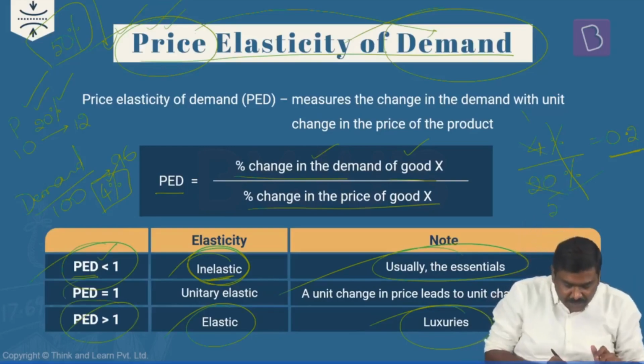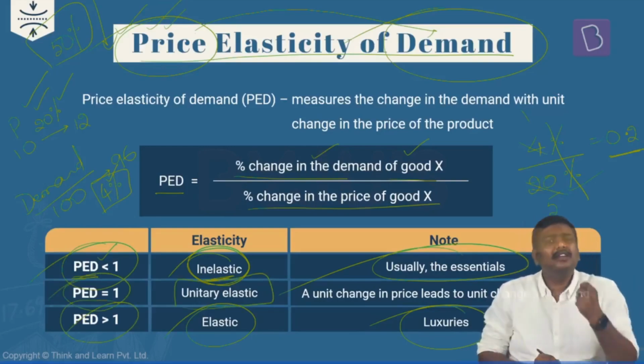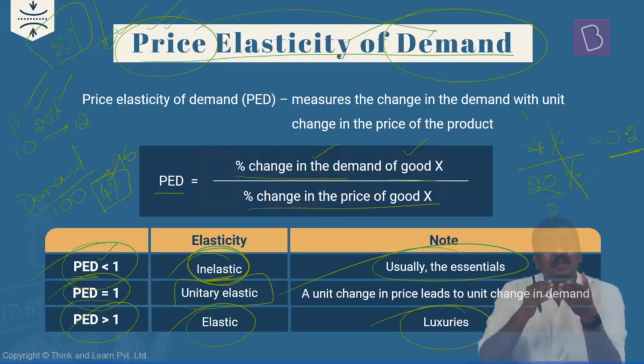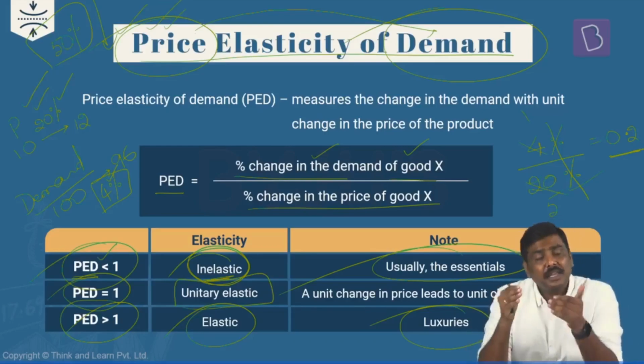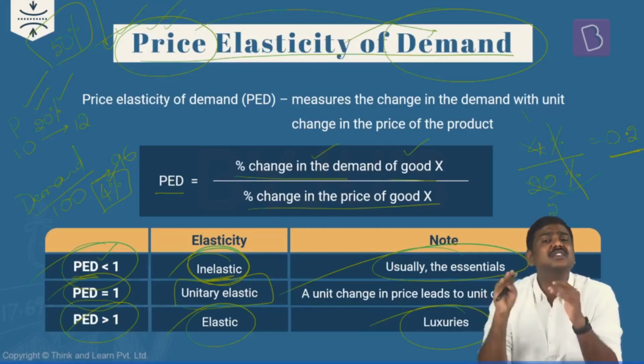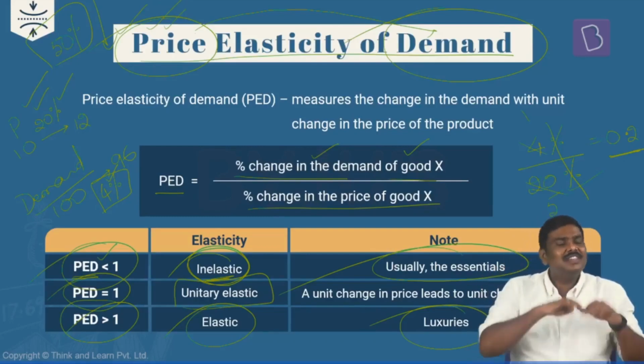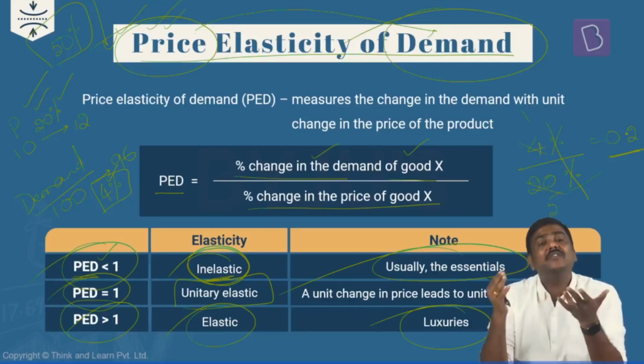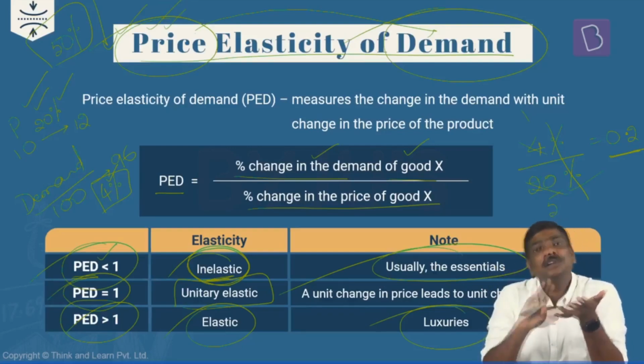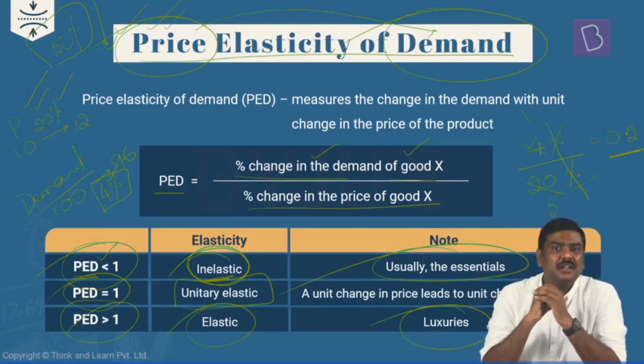In addition to this, there is a PED equal to 1, which is also referred to as unitary elastic products, wherein the percentage variation in the price is equal to the percentage variation in the demand. In addition to these three classifications, in the context of PED, you will also have perfectly inelastic and perfectly elastic goods.